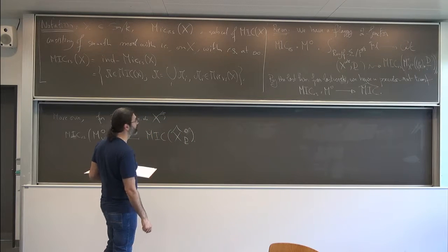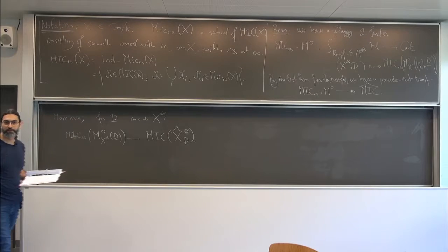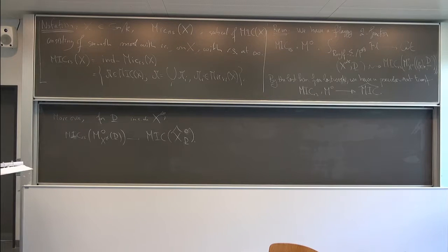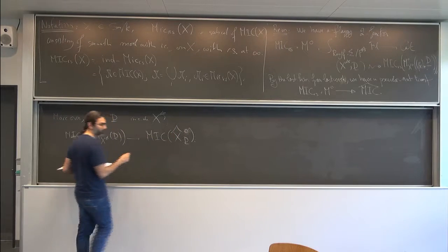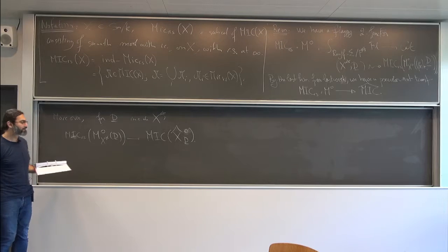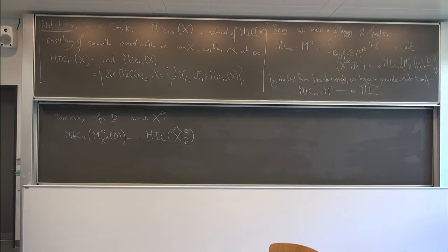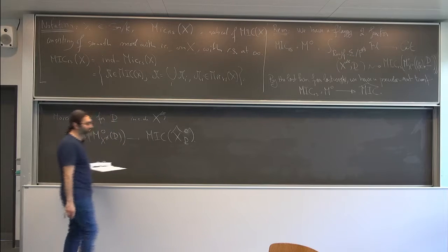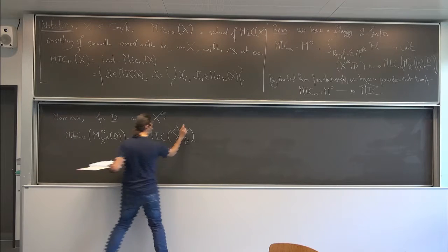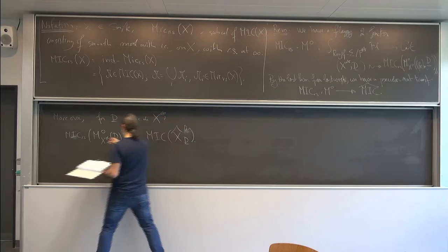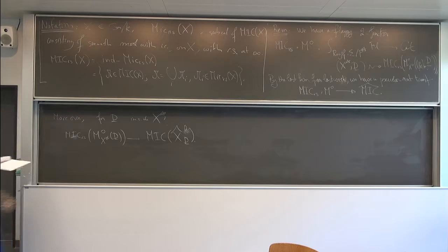Did I put star somewhere? I don't remember. It should be 0 if there is a star somewhere. Like if I wrote mic x hat stars, this is wrong at some point. It's on the zeros, not on 1, not on star. It's really modules over x0. It's not the same 0. I mean, this is really 0. This is circ. That is 0.